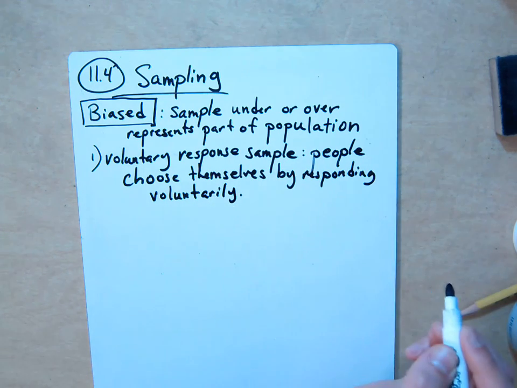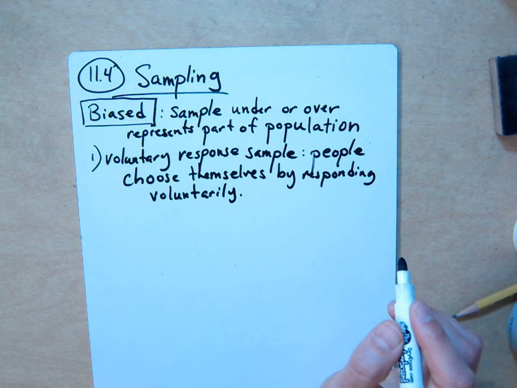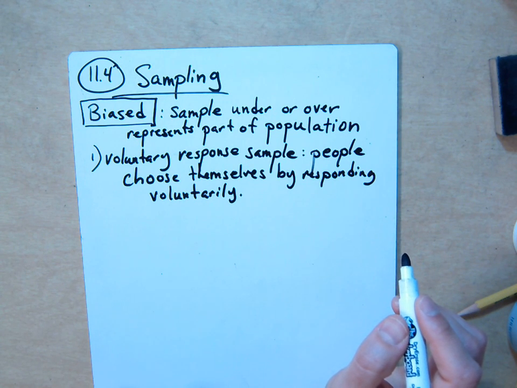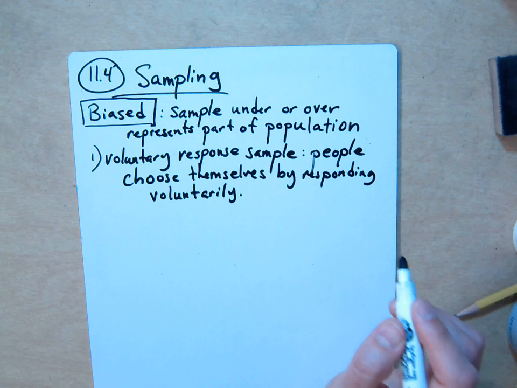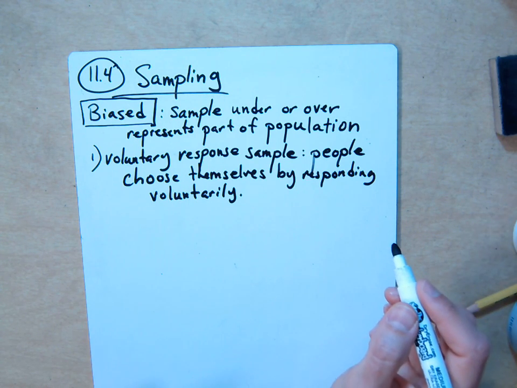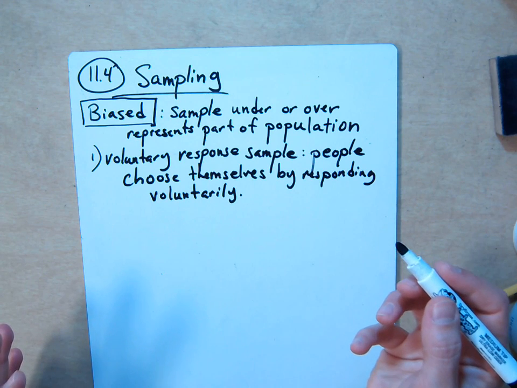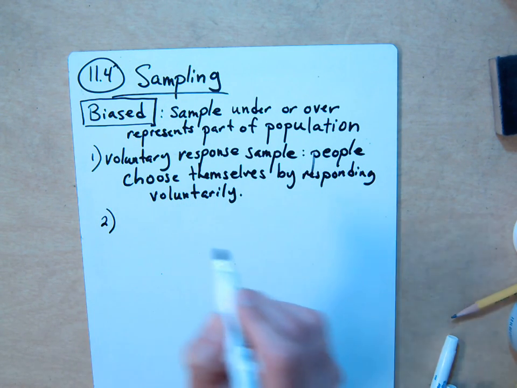So why is that biased? What kinds of people are going to choose to respond or call in, generally speaking? Nathan? Yeah, people who care a lot about the issue. People who have strong opinions, right? But that doesn't include everyone in your population necessarily. It just includes the people that have the strongest opinions.